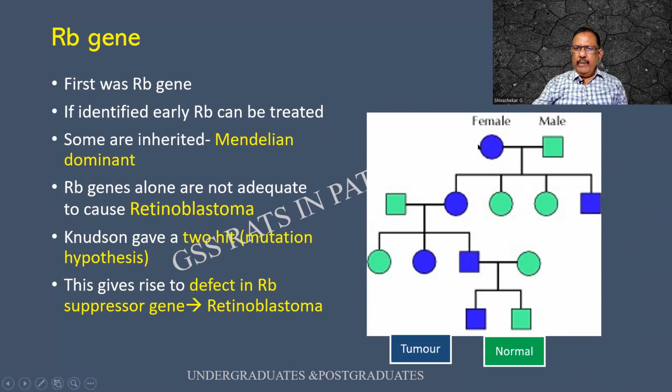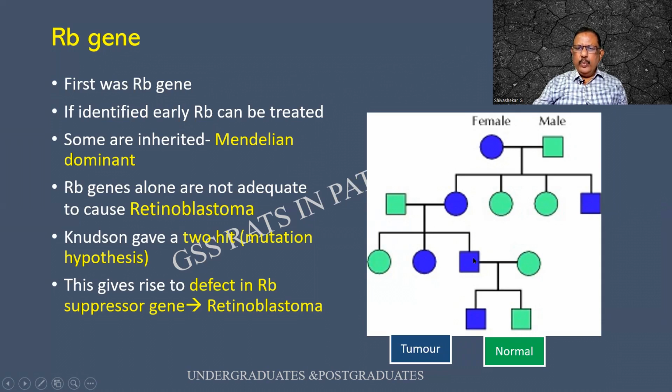Here is a female who has a defective chromosome, and a male with a normal chromosome. When they give rise to offspring, there can be a defective one and a normal one: 50% of the offspring are affected, whereas the other 50% are not. Now again, when there is a fusion between these, there can be another set of abnormal chromosomes.